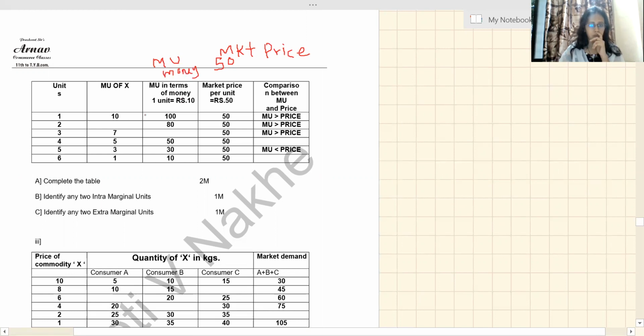So how did you get this figure? 10 into 10, 10 into 8. Obviously 80 means it should be 8. Then here they have given 7, so 7 into 10 is 70. So my first fill in the blanks is 8 and second fill in the blanks is 70.